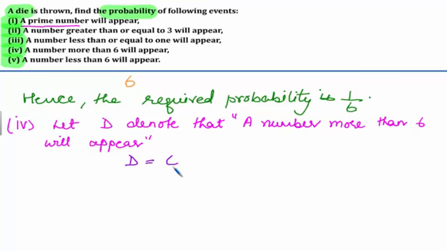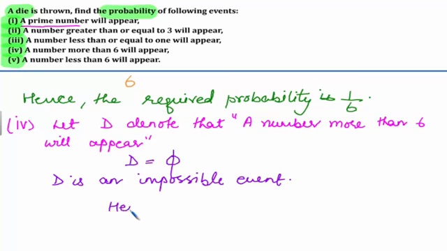Therefore, D is an empty set, or we can say that D is an impossible event. Hence, probability of D is equal to 0. So in this case, the required probability is 0.